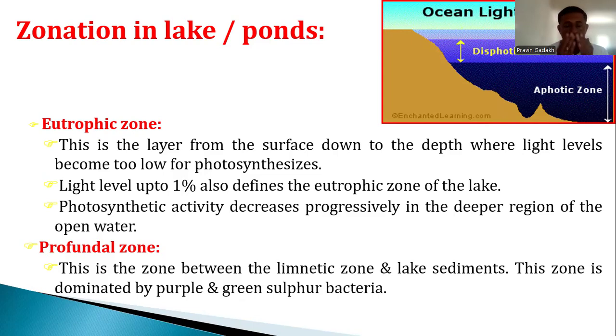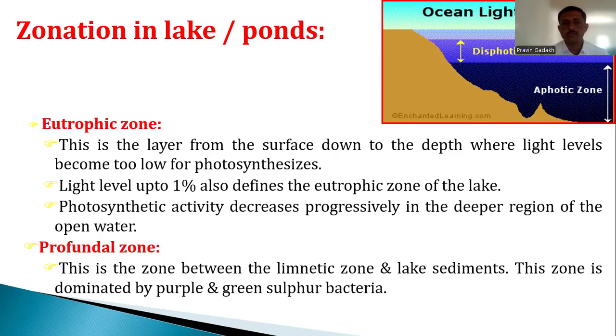As we know, for the process of photosynthesis, all photosynthetic organisms need the presence of sunlight, and in the absence of sunlight, photosynthetic activity is slowed down. So here, photosynthetic activity is progressively decreasing in that particular zone. So it is the characteristic of the eutrophic zone.